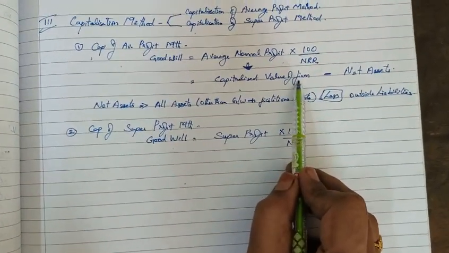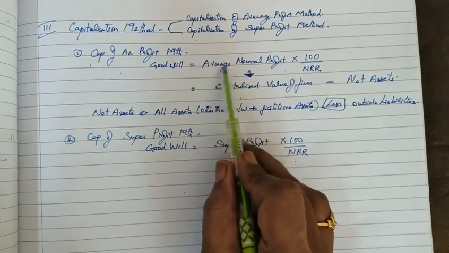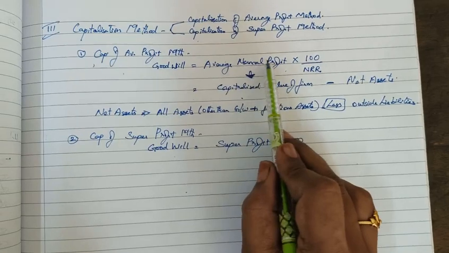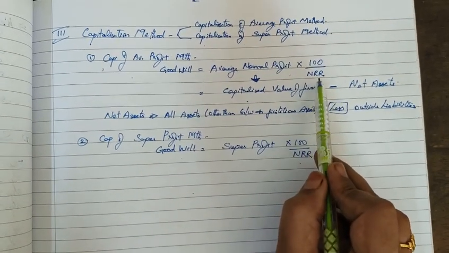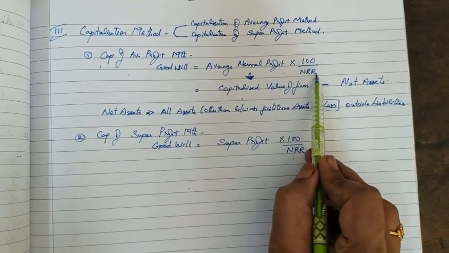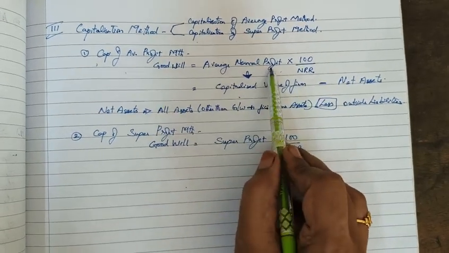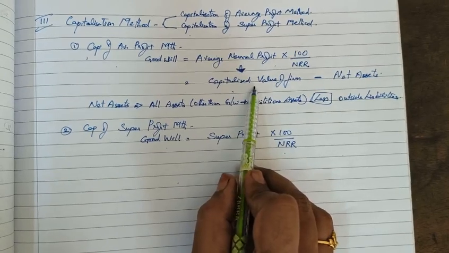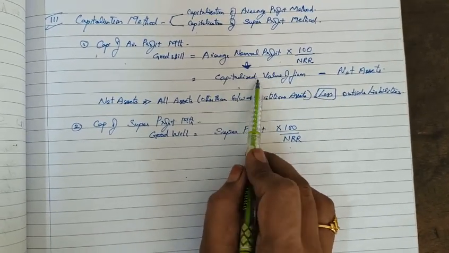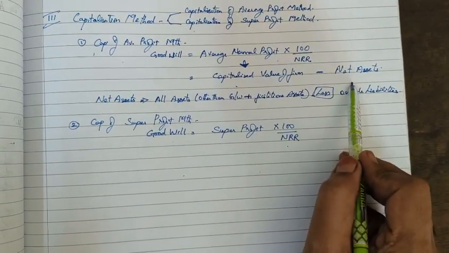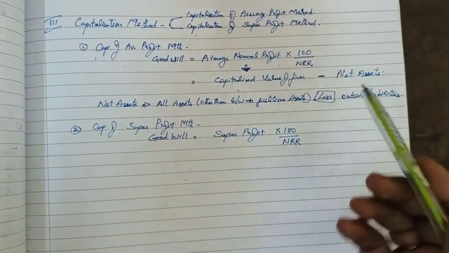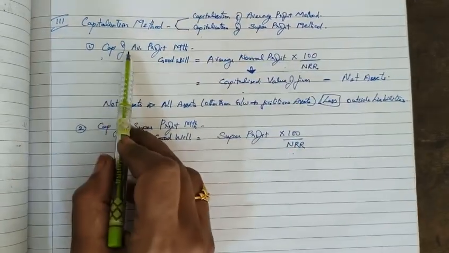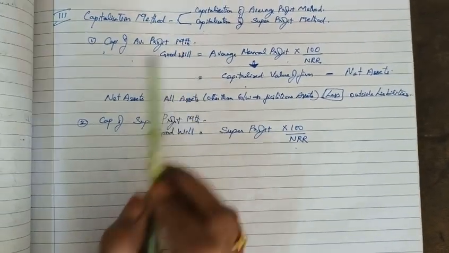How are you going to find out capitalized value? The formula: average normal profit we found in the first method, that average normal profit into 100 by NRR, normal rate of return. If you invest the average profit in the firm, what should have been the capital, you get an answer. That capital minus the net asset, which is the net asset you are using in this firm. The difference is what they call the goodwill of the firm.